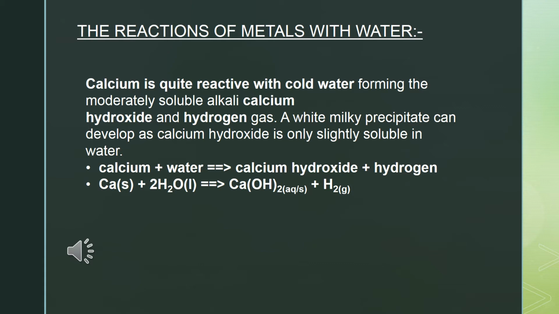In the reactants we have calcium and water. They are reacting with each other, and a chemical reaction is taking place. Finally, what comes out as a product is calcium hydroxide. The formula of calcium hydroxide is Ca(OH)2, and a gas is also produced, and that gas is hydrogen gas.